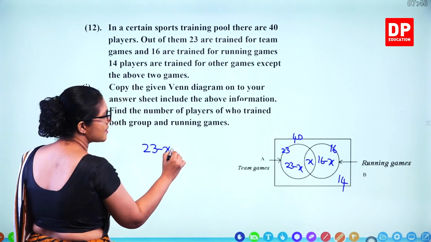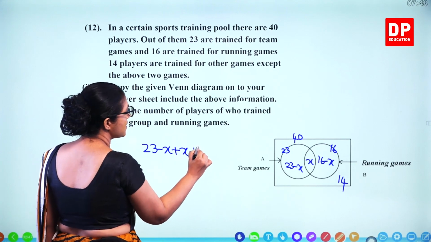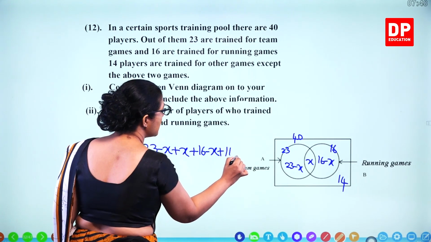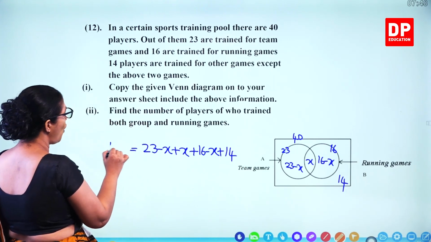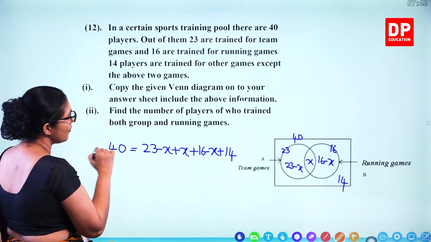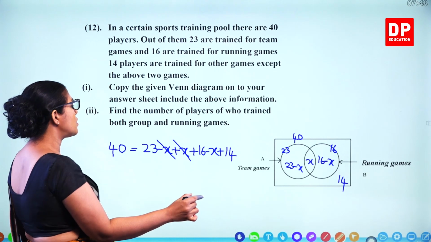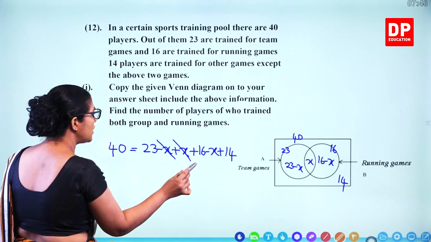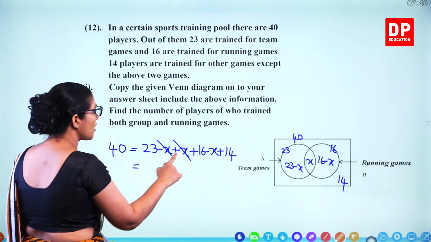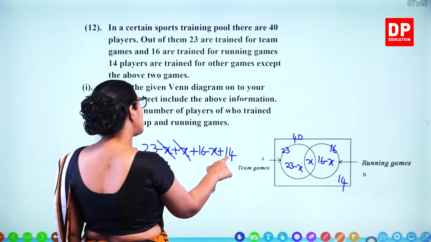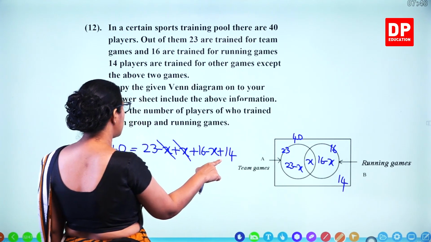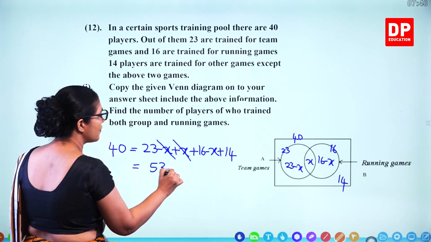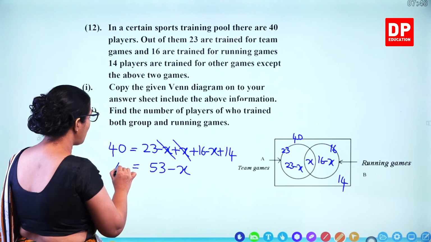23 minus X plus 16 minus X plus 14 is equal to 40. X and X get cancelled out. 23, 16, 14. 16 and 14, you get 30. 30 plus 23, 53. 53 minus X is 40.